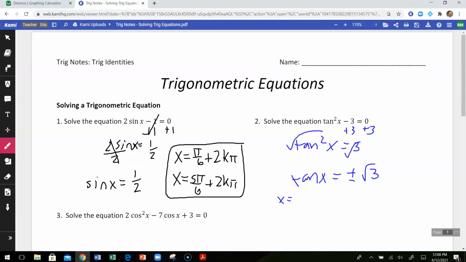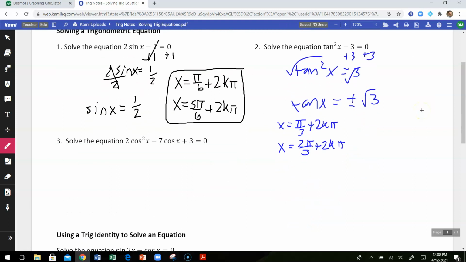So x equals pi over 3 plus 2k pi. x equals 2 pi over 3 plus 2k pi. x equals 4 pi over 3 plus 2k pi. And x equals 5 pi over 3 plus 2k pi.